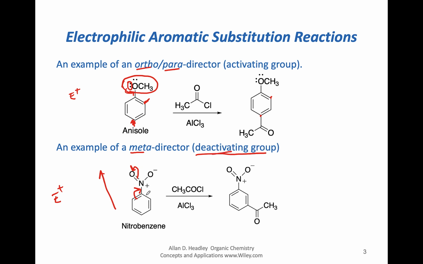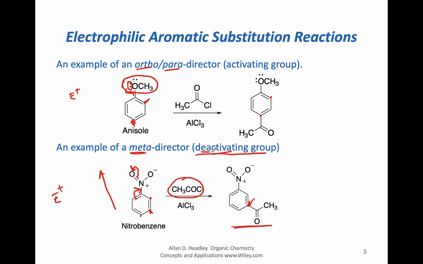What happens here is that it makes the ortho and para positions more positive, leaving the meta position less positive. So if there's a reaction, it will occur to give the meta as the major product. That's why it's called a meta director, because it directs the electrophile into the meta position.